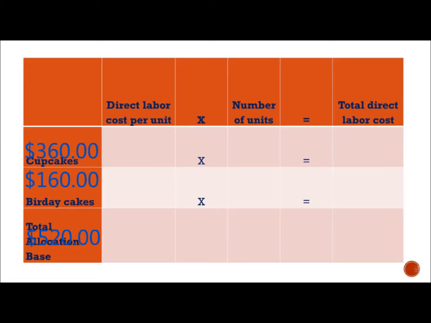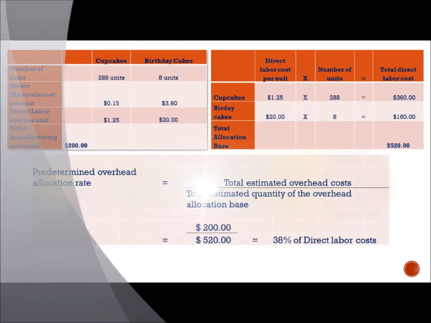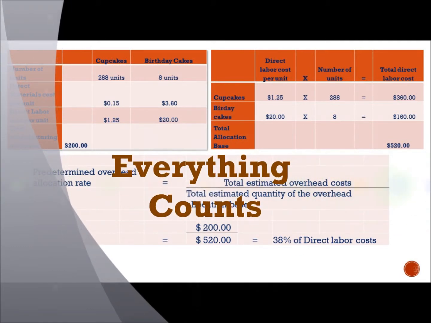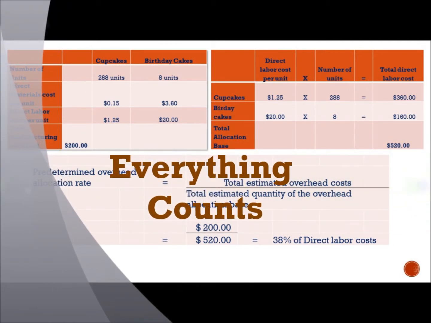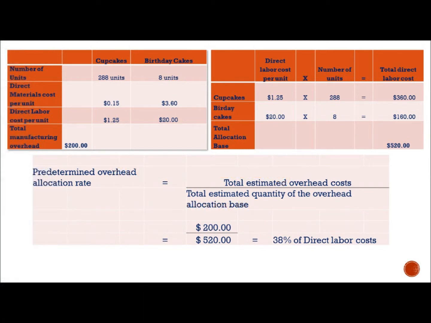The following table shows the calculation for the total allocation base per number of units expected to be produced. With these amounts, we can now calculate the predetermined overhead allocation rate, which is expressed in percentages as follows.